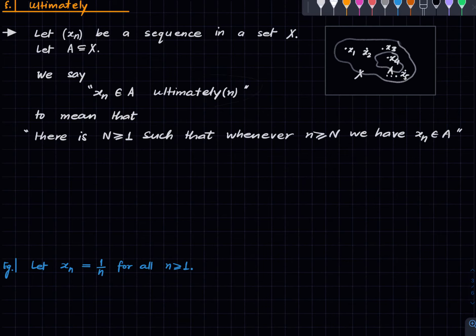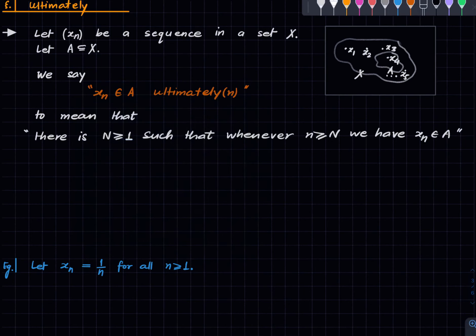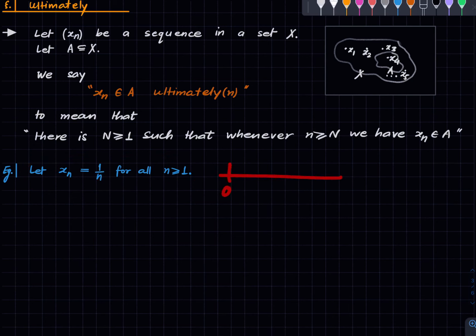Let me change the color so as to emphasize. Yeah. And let us look at an example. So we have this sequence, xn equals 1 by n. So again, to recall, if this is 0 and this is 1, then this is x1, this is x2, this is x3, x4, and so on. So these come closer and closer to 0. And here is something that we can immediately say.